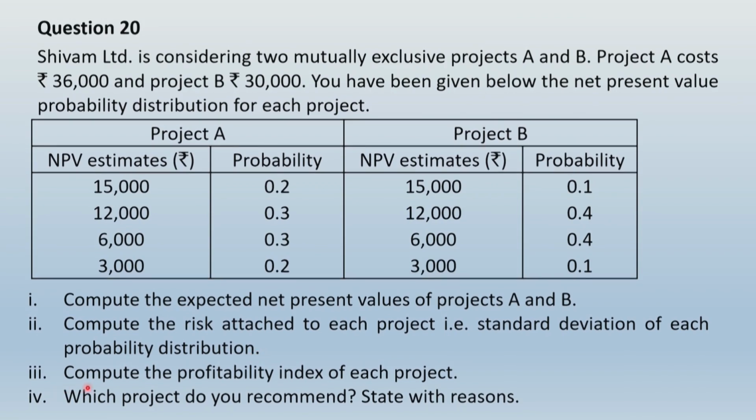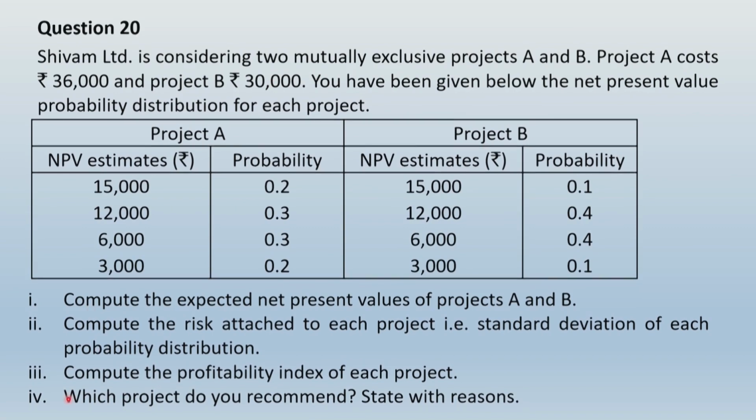Then the question is asking you to compute the profitability index of each project. Of course, yes, the two projects have different costs. Now earlier, in the basic part of capital budgeting, I have explained that when the two projects have different initial investment, or different present value of initial investment or outflow, you are supposed to consider profitability index for your decision.